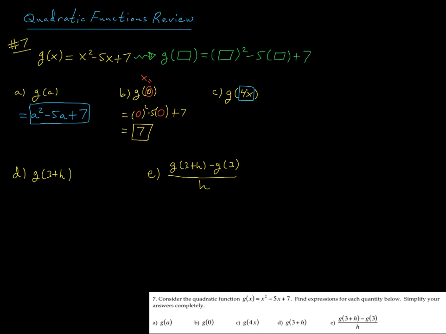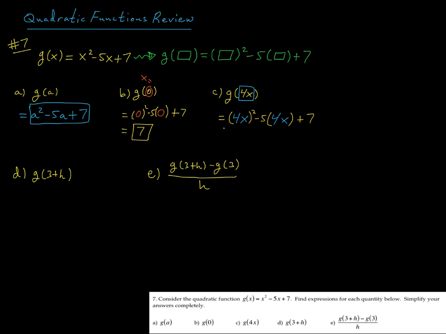So in particular, if I want to plug in 4x, I'll put 4x here and here. What the rule for g does is it squares that input and then it subtracts 5 times that input and then adds 7 to the result.